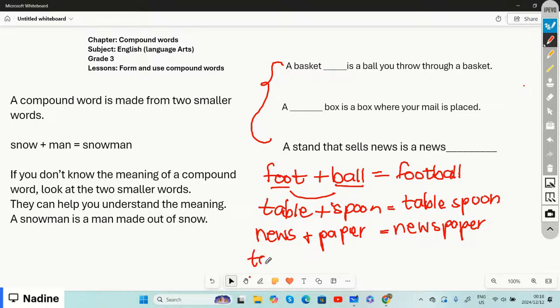Then we have tooth and pick, or tooth plus pick. And tooth plus pick is toothpick. It's your little stick that you use to pick or take out all the meat from your teeth.